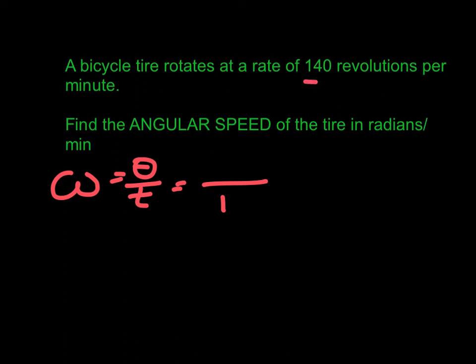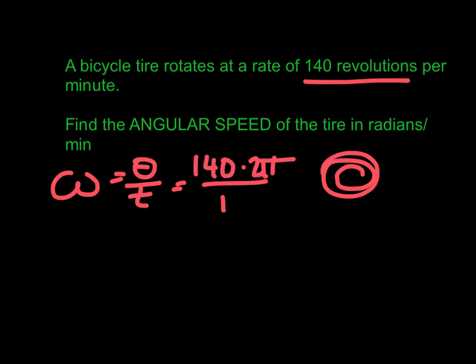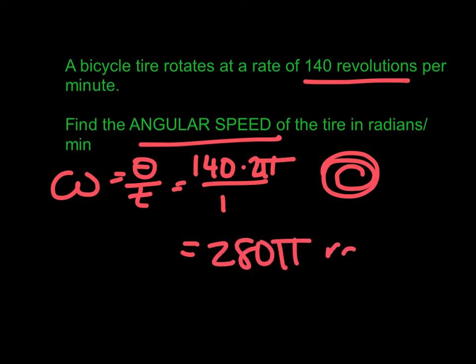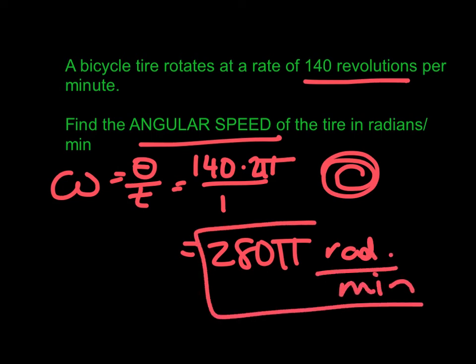Now your theta is going to come from 140 revolutions. That means you're going around your circle 140 times, and each one of those is 2 pi. So my angular speed, remember speed doesn't have anything to do with the radius, is going to be 280 pi radians per minute.